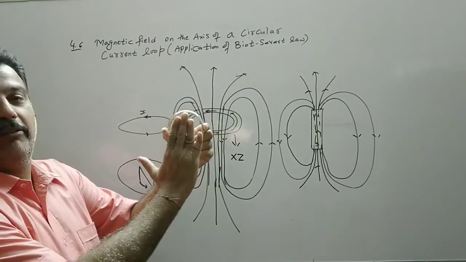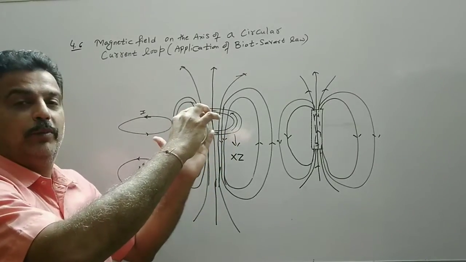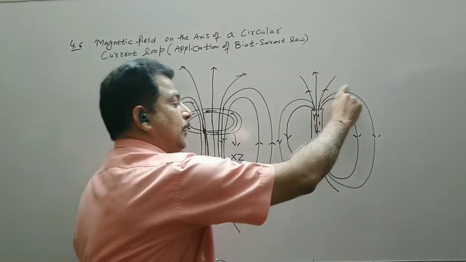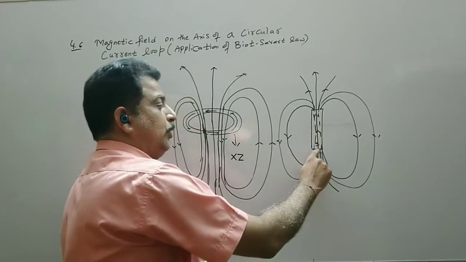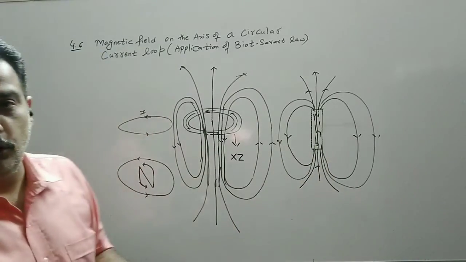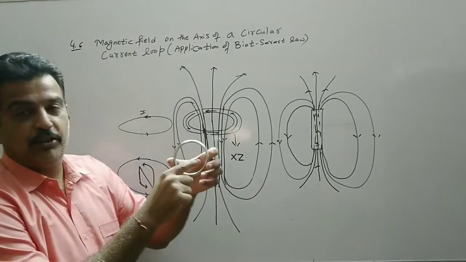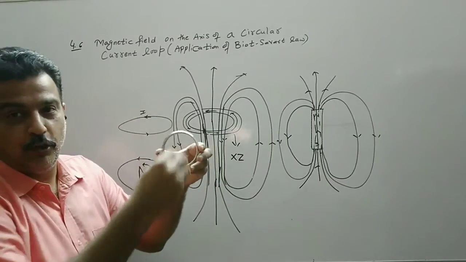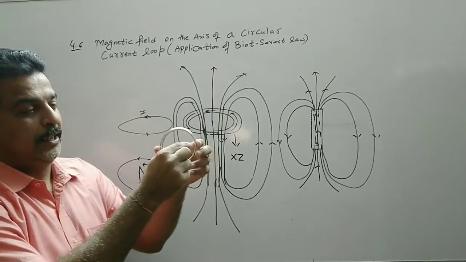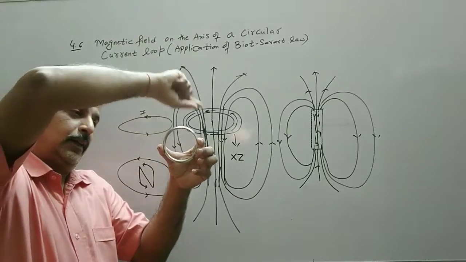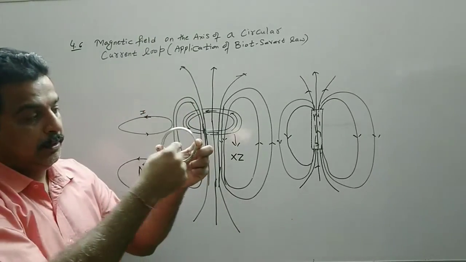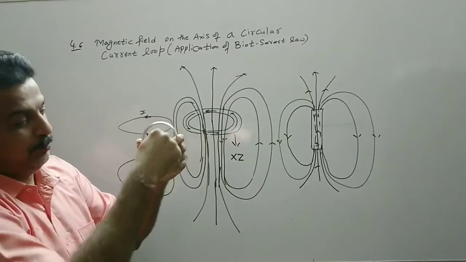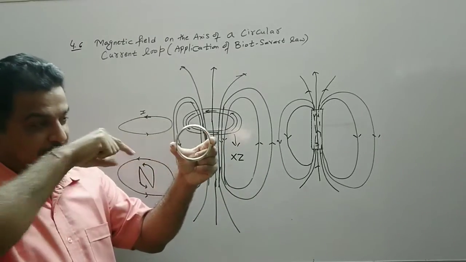The front side will behave as a north pole and the back side will behave as a south pole. Magnetic field lines originate from north and go into the south, and inside the magnet they go from south to north. So if this is north and that is south, the field lines will come out from the north pole, then move like this inside, and come out like this here.